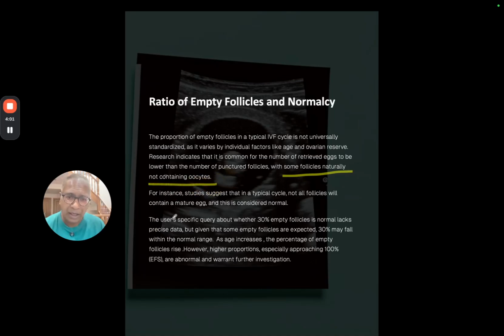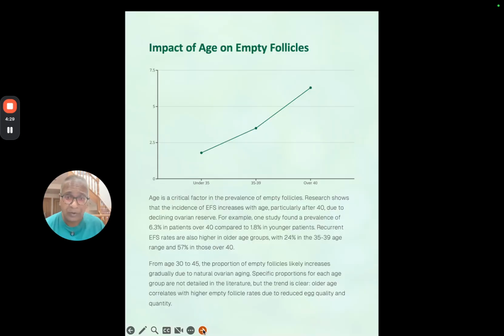Now, the specific query is, are 30% of follicles empty? That is not entirely certain. The percentage of empty follicles tends to rise with age. On average, we think about 30% may be empty. But whenever it reaches 100%, it more likely shows that there is a problem.